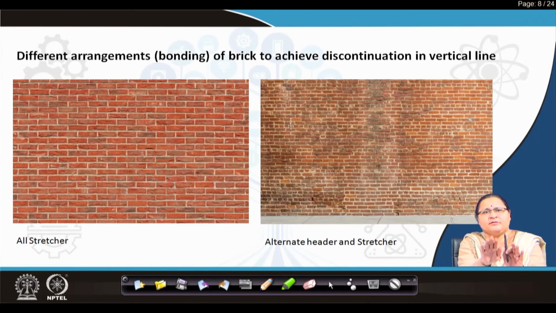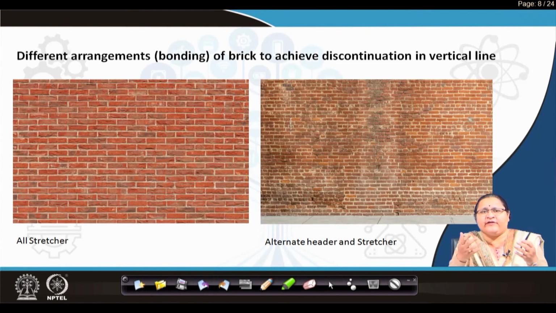So, it may fail, but when it is toothed in, one inside the other, it will behave as a monolithic item, a single item. So, if you remember these points, you are done with bricks and the brick masonry.